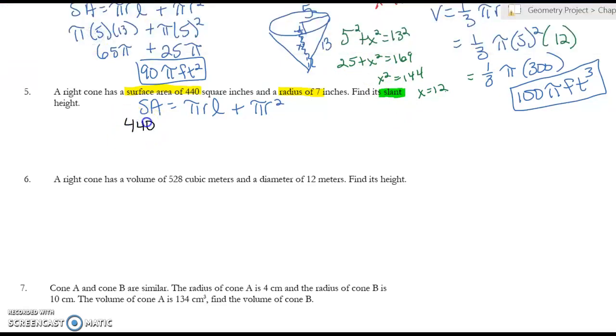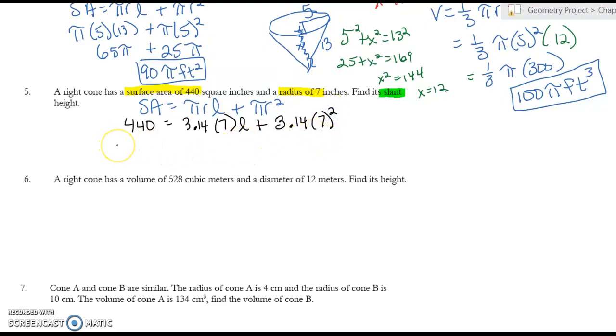Okay, so let's plug everything in and do a different color. So 440 equals pi. And if you notice, they don't have a pi in this answer, so instead of pi, I'm going to use 3.14. Radius is 7 times L plus 3.14 times 7 squared.